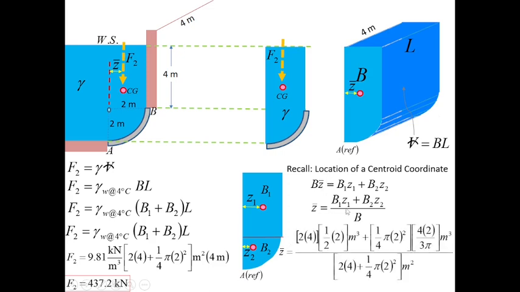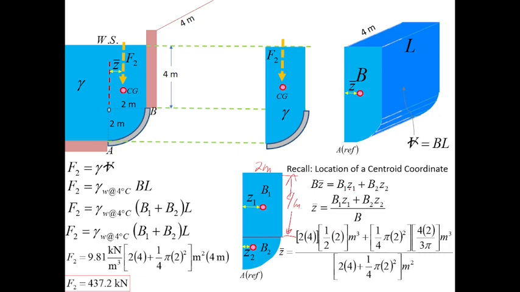In this case, B1 is the area of the rectangle, 2 times 4. This side is 2, and this is 4.